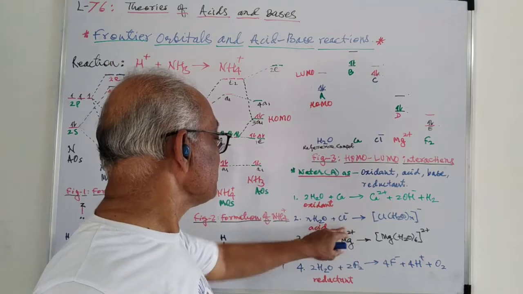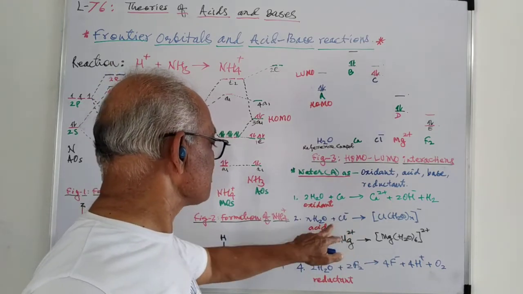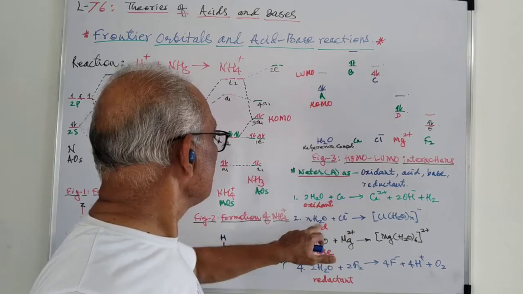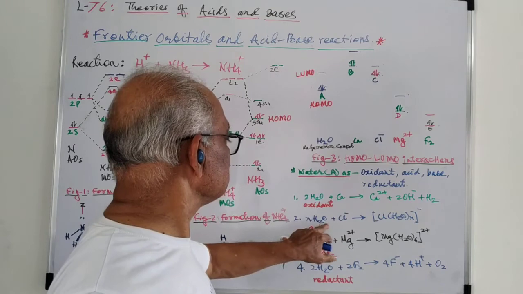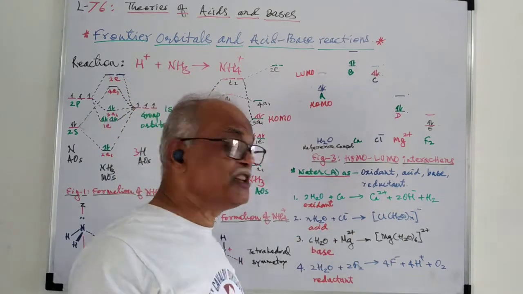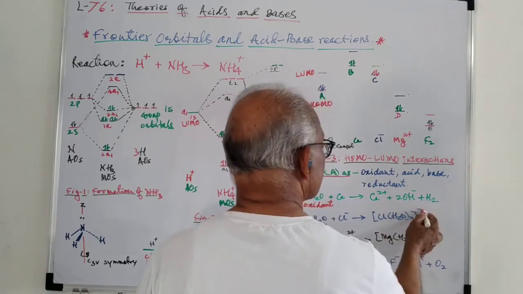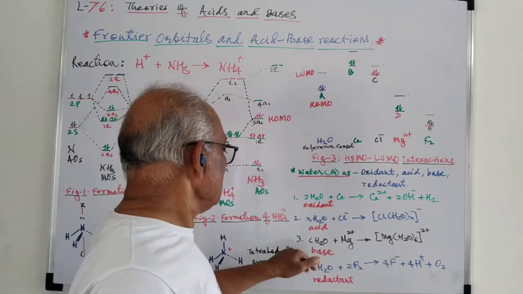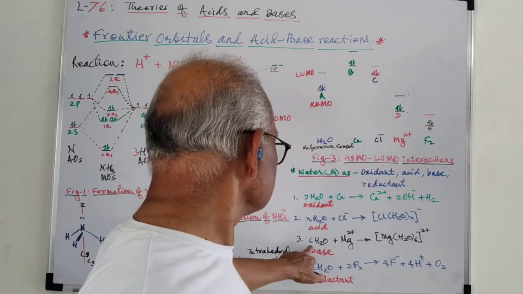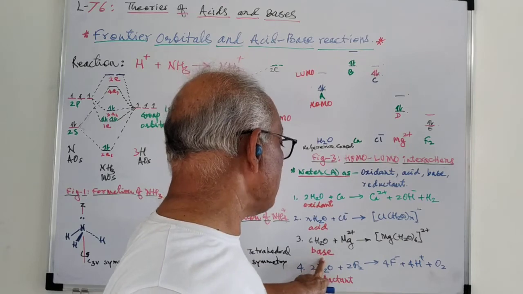Cl minus gives electrons to H2O, which shares electrons with water. So it gives a coordination compound like Cl(H2O) minus, and the charge is transferred completely onto the complex. Then the next water molecule can behave like a base.